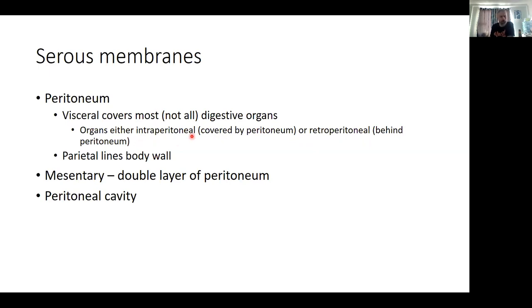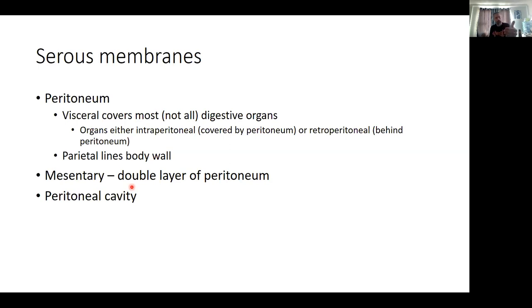Now, one of the important things about this is that we're going to see that this peritoneum has a series of folds in it, where we get this sort of double layer bit of tissue. And these are what we call mesenteries, right? And again, on the next slide, we'll see a picture of that. It's just where we've got two parts of the peritoneum next to each other.